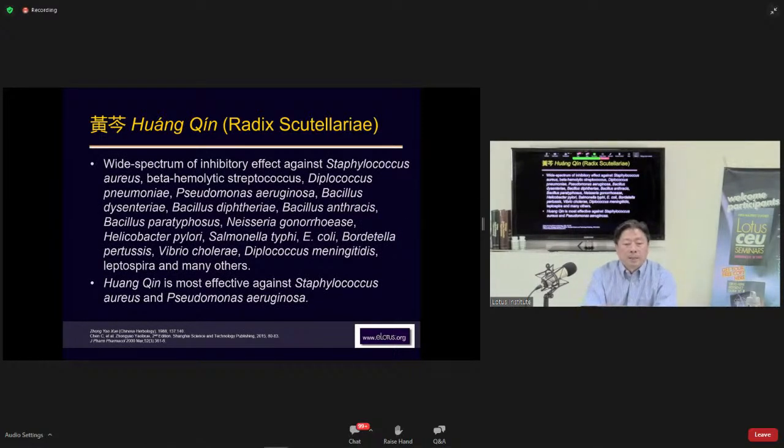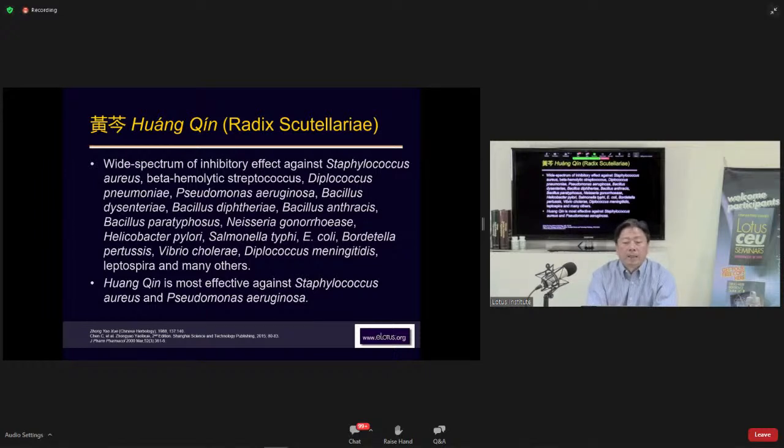So once again, just like Huanglian, Coptis, Huangqin, Scutellaria, has a wide spectrum inhibitory effect against many bacteria, including Staphylococcus, Streptococcus, Diplococcus, Pseudomonas, Bacillus. Many different types of Bacillus, gonorrhea, H. pylori, Salmonella, E. coli, cholera, and so on and so forth.